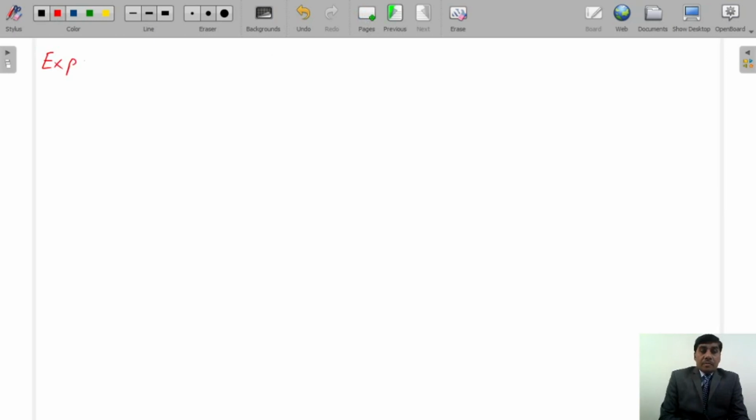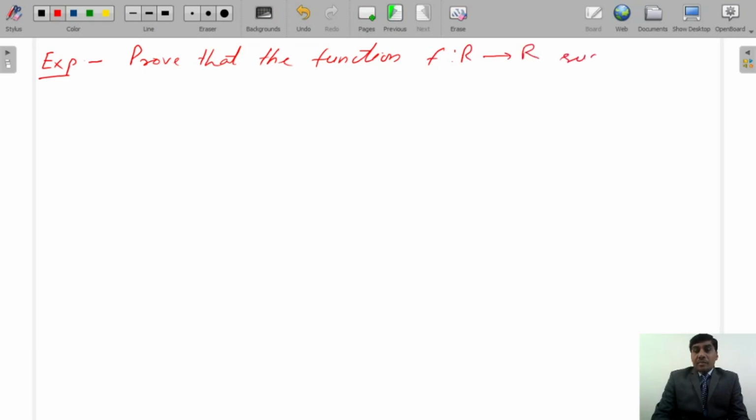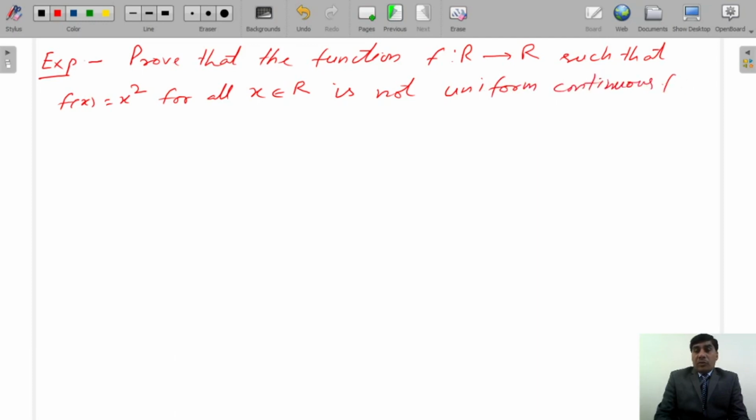Example: prove that the function f from R to R such that f(x) is equal to x square for all x belongs to R is not a uniform continuous function.